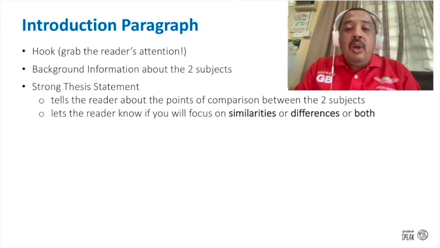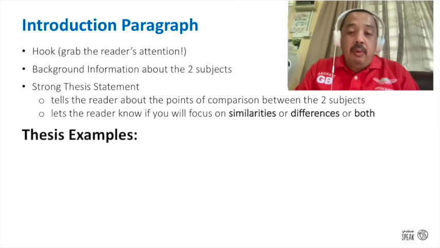And lastly, you are going to need a super strong thesis statement. And in order to write one of those, you are going to have to include the points of comparison between the two subjects. And then you also need to let the reader know if you are talking about similarities, differences, or you are talking about both.